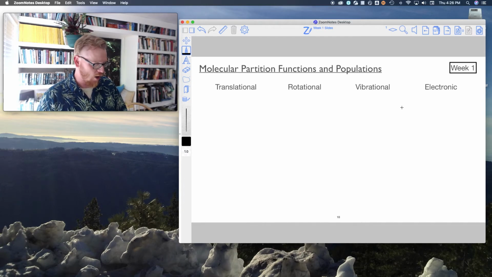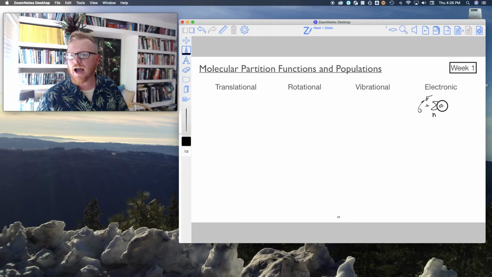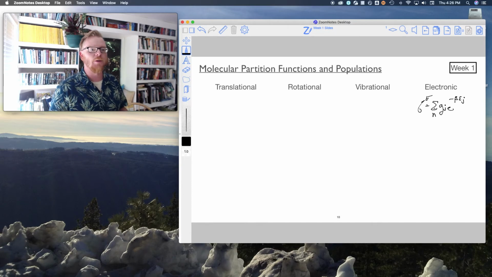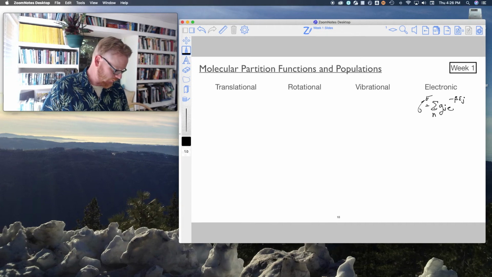For the electronic, the partition function goes as the sum over all quantum number n, the principal quantum number, times the degeneracy, and I'm going to use the letter J here, and that's e raised to the negative beta e sub j. So it looks very similar, right? And there is a degeneracy term for the electronic levels, as we talked about, with p orbitals and d orbitals and f orbitals. Those exhibit degeneracy, equivalent energy states.